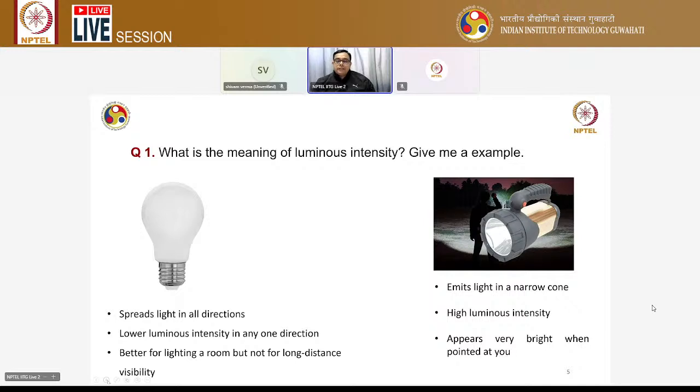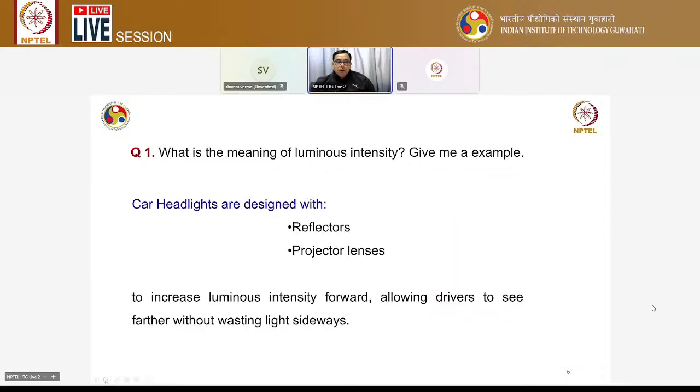Even if both have the same luminous flux, the one with higher luminous intensity will appear very bright if you see it in that particular direction. That's how car headlights are also designed. Car headlights are designed with reflectors and projector lenses to increase luminous intensity forward, allowing drivers to see further without wasting light sideways.